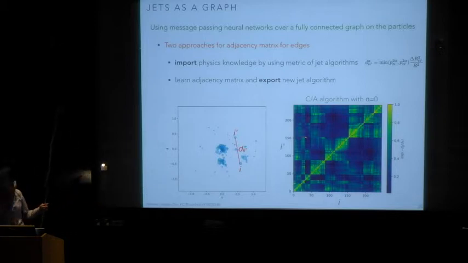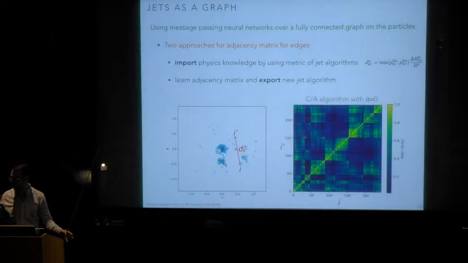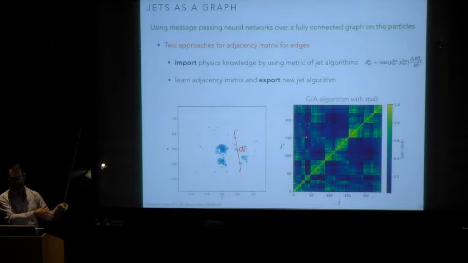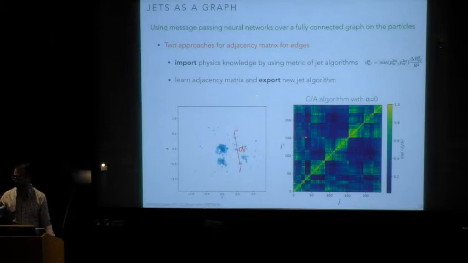So this has actually led to a whole new way of thinking about and representing jets. And what's cool is that this representation makes sense outside of deep learning. This makes sense just to me as a physicist. But now I can use this as an API between me as a physicist and the neural network architecture. I can either inject physics knowledge into the architecture because I know something about physics, or I can loosen this requirement and learn the adjacency matrix, and then export it and look to see what it is and maybe learn something about what's going on from the data.